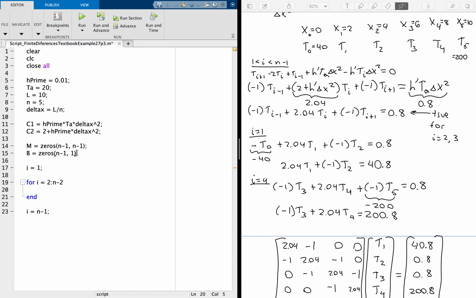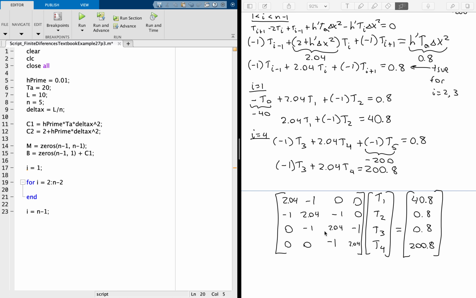So what I'm going to do here is say zeros, and then add C1. Okay, so now in this formula, we're going to start at I equals 2 to n minus 2. If n is 5, n minus 2 is 3. So 2 and 3. That should work. So M of I comma I, remember that we're interested in where the diagonal is.